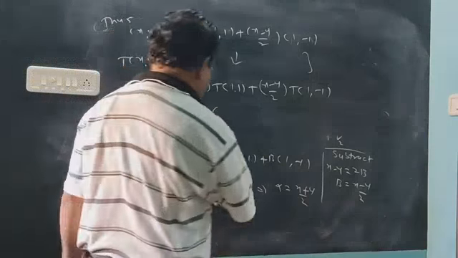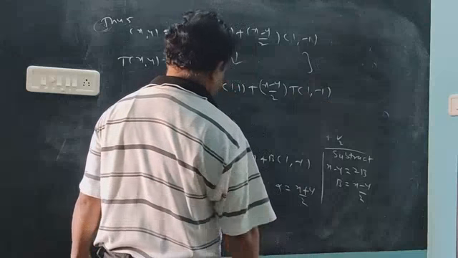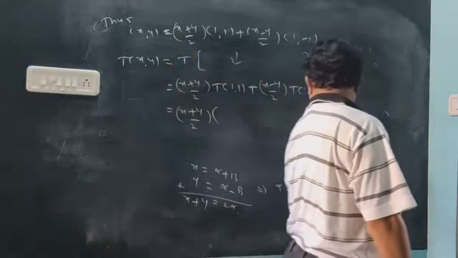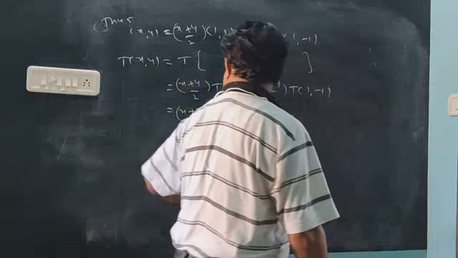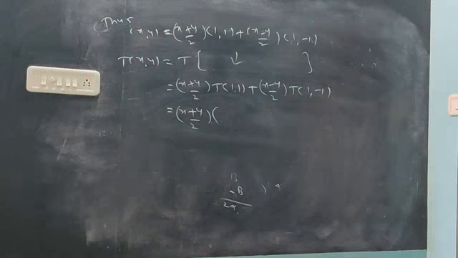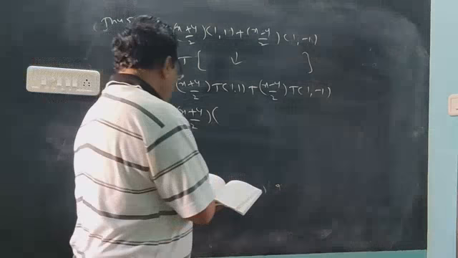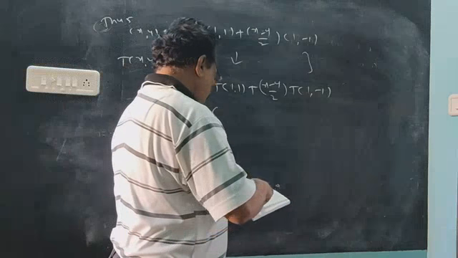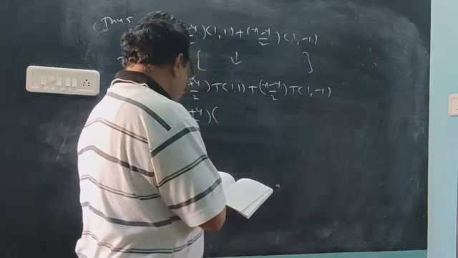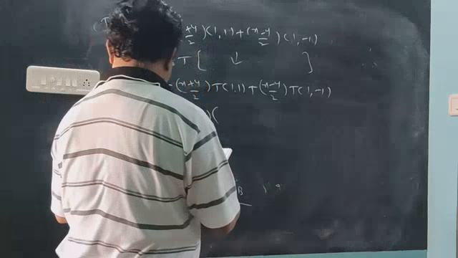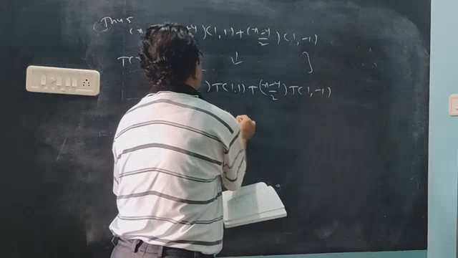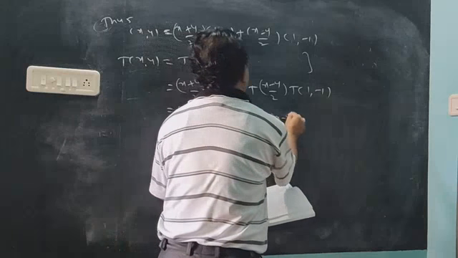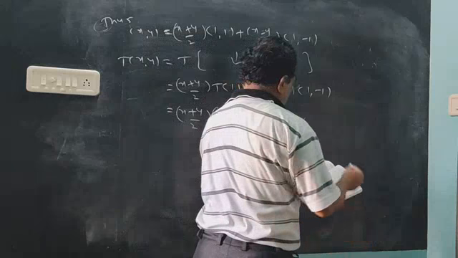Now T of the first is known to us, given to you, and T of (1, -1) is also given.